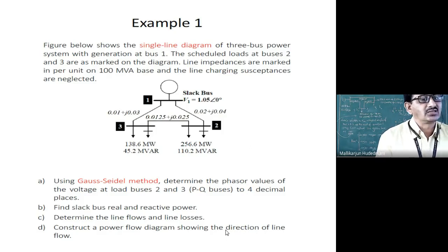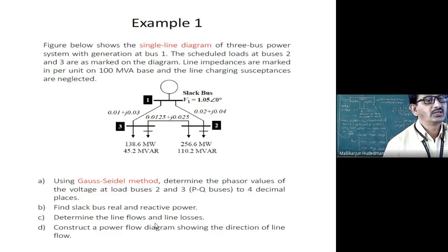From this, I understand that there is one generator which is the reference bus. There are two loads, bus 2 and bus 3, given with load values. Now my work is to continue with the load flow study, obtain the voltage solutions of bus 2 and bus 3, and also determine the line flow, line loss, and the slack bus real and reactive power.